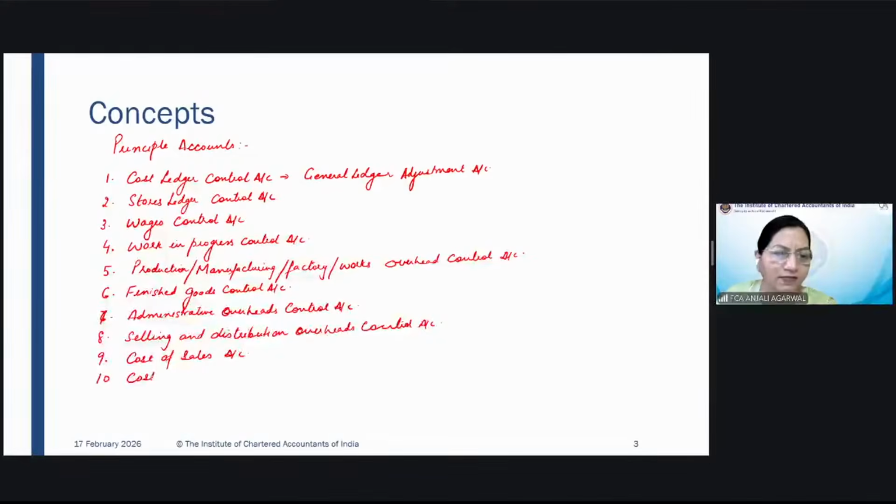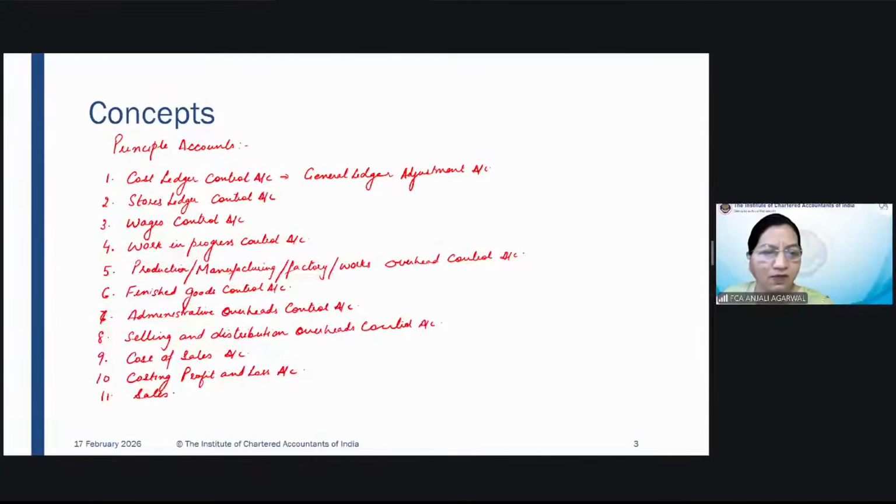This cost of sales moves to costing profit and loss account. The sales is also credited to the costing P&L account. And this ultimately moves to the cost ledger control account. And the costing profit and loss balance, which is the profit or loss, is also taken to the cost ledger control account.